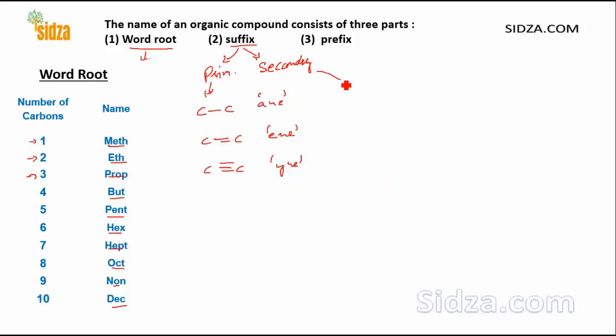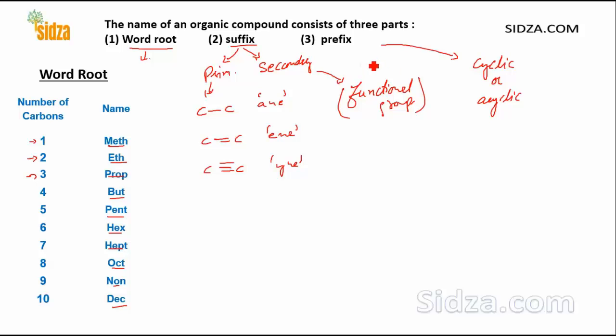And secondary suffix refers to the functional group, if a molecule contains any functional group. We will discuss it later on by taking certain examples. Now the prefix describes whether the molecule is cyclic or acyclic, so it differentiates a cyclic molecule from an acyclic molecule.